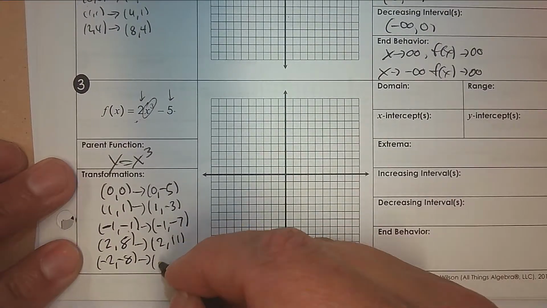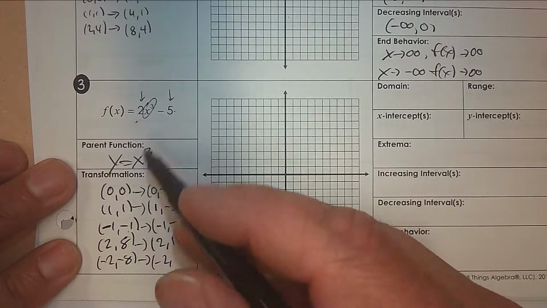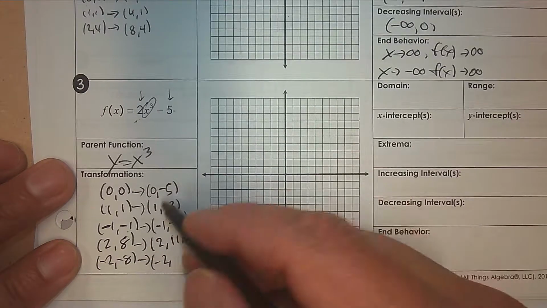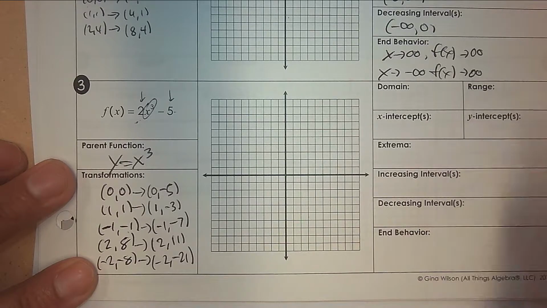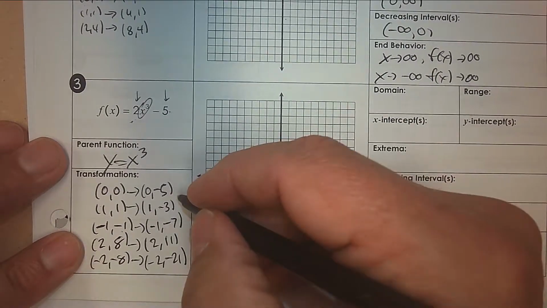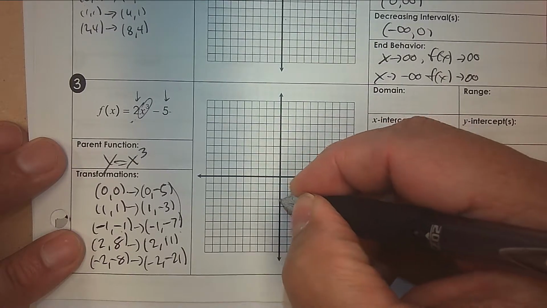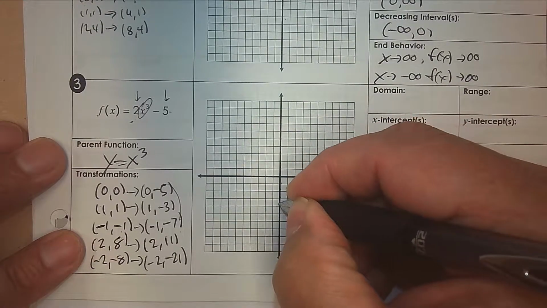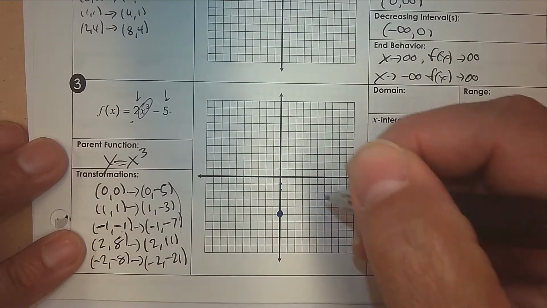The next one, negative 2. So negative 8 times 2 is negative 16. Take away 5 is negative 21. That's for sure off my graph. So let's start with the first 3 and see if I can even get there. So 0, negative 5. That's there. 1 and negative 3.